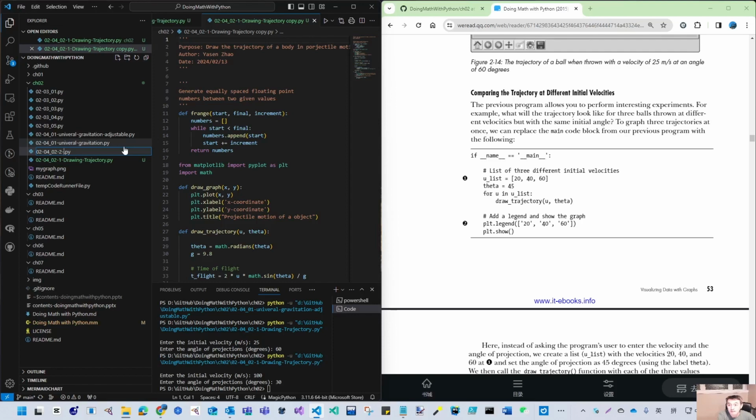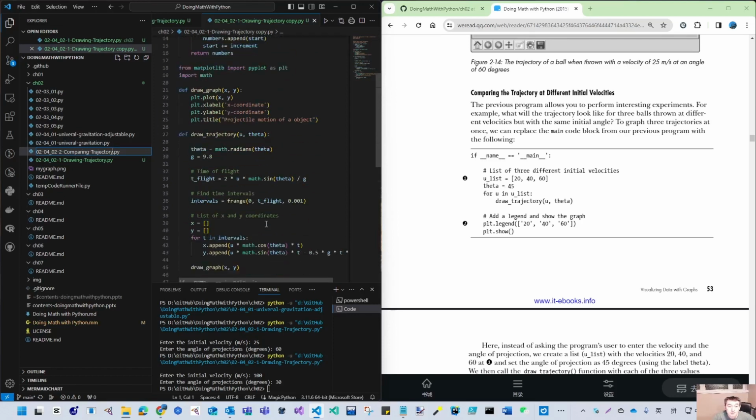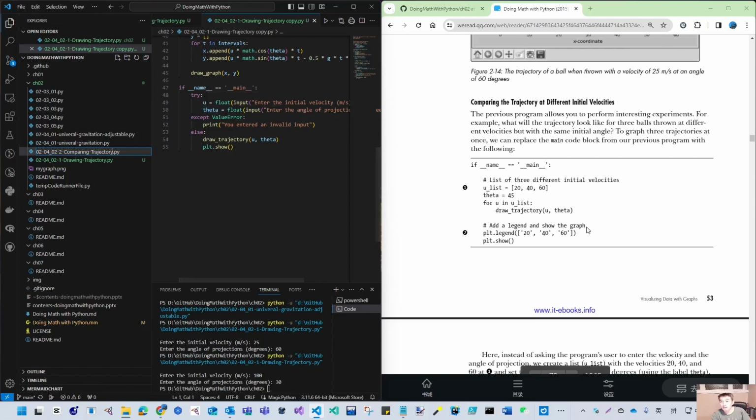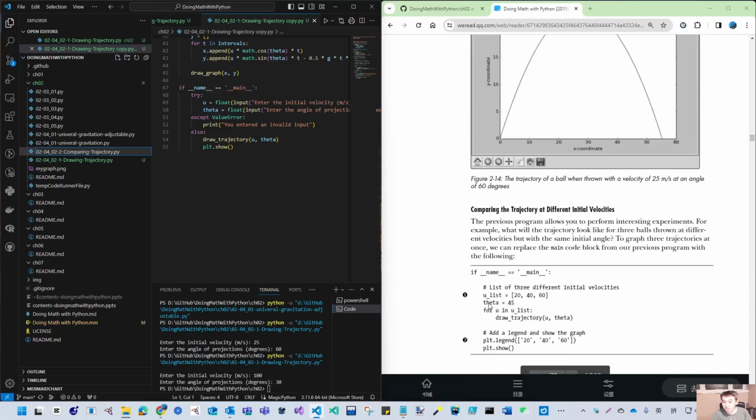Second is comparing trajectories. So the difference is not a change in this one, but only the changes to these main parts. So we will give a different list, but they both have the same theta.